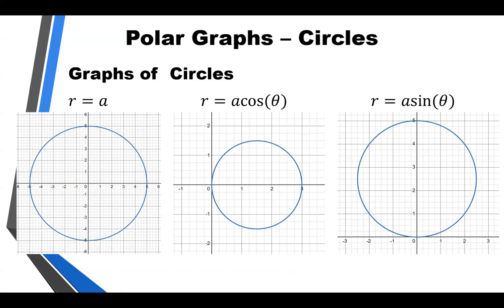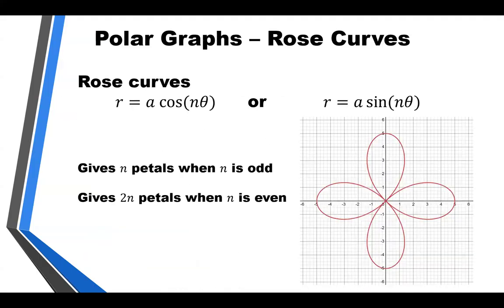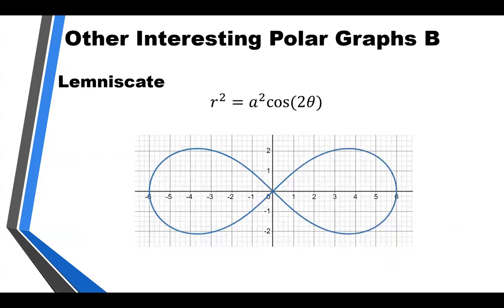These are just some of the polar graphs that would be kind of hard to deal with in rectangular coordinate systems. But with polar coordinate systems, they are pretty straightforward.